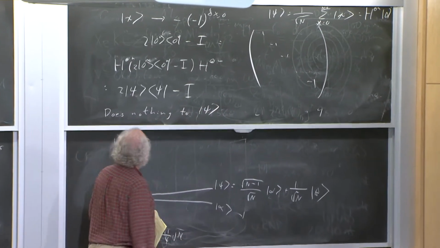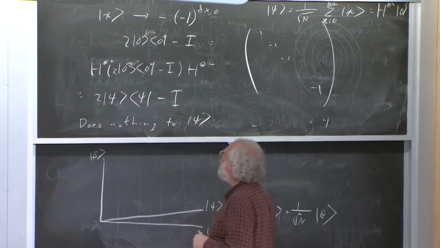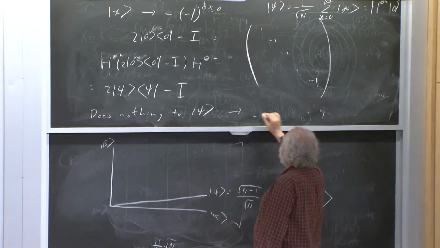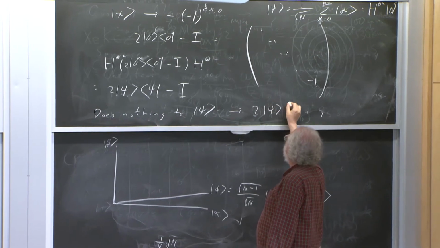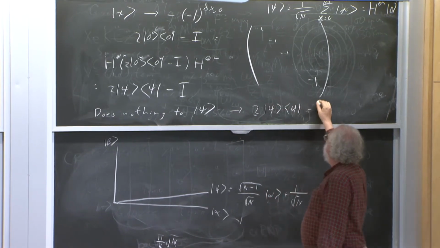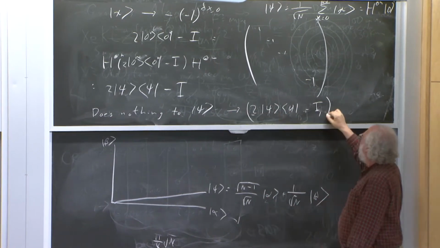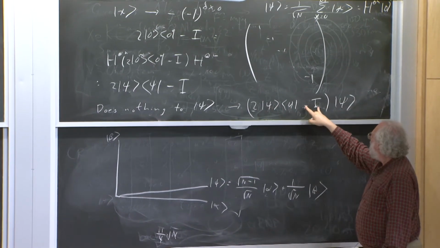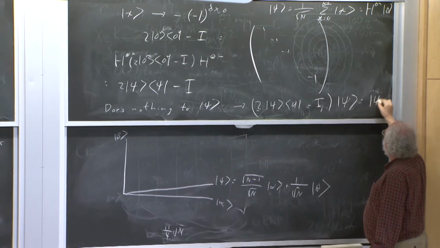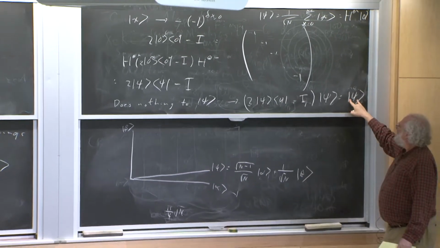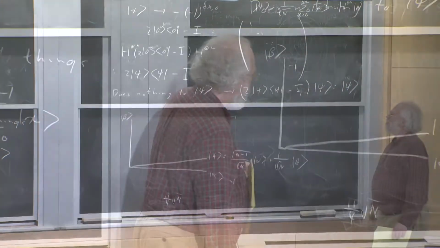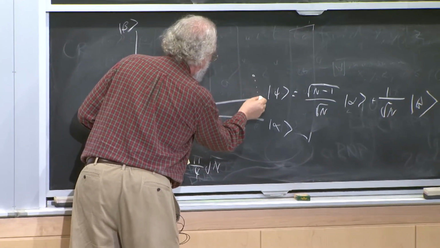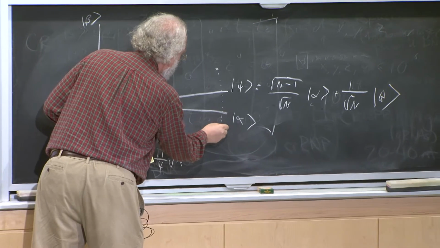So we could just say 2 psi minus I applied to psi is just 2 times psi minus psi, which equals psi. So what I want to claim is it takes a state here and it reflects it around the line psi.